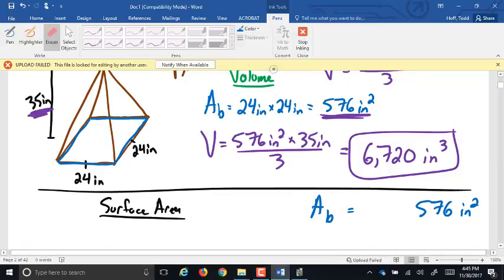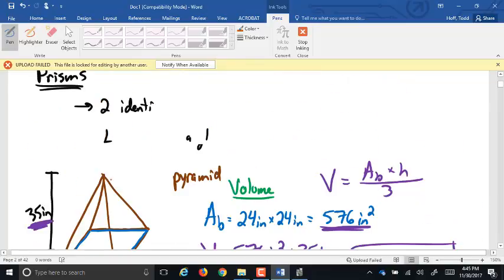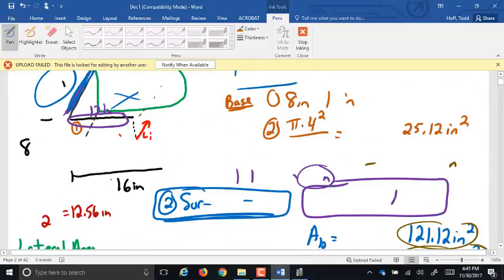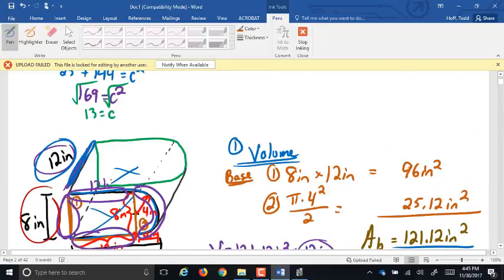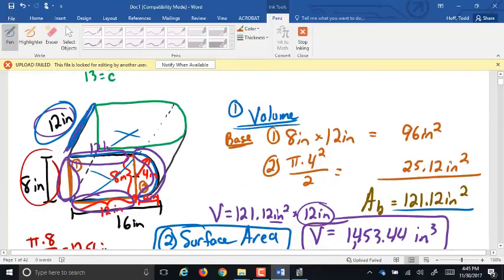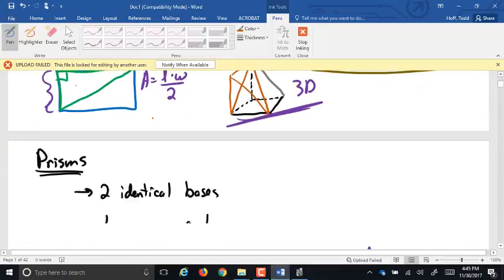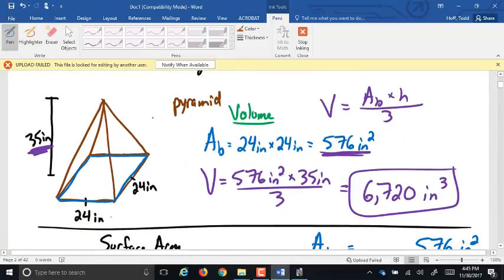The big adjustments come in finding the lateral area. In all of the other objects we found the lateral area for, like this one here, those lateral surfaces went straight up and down or straight side to side from one base to another. So the height of the object was the height of those lateral surfaces.